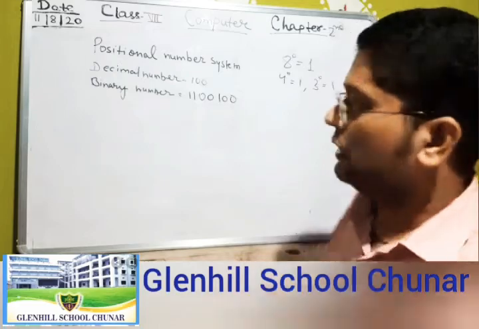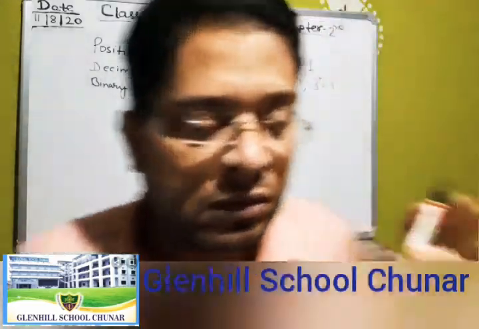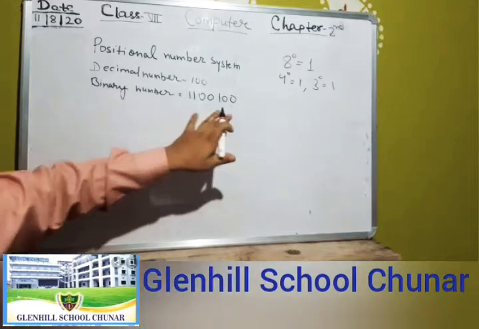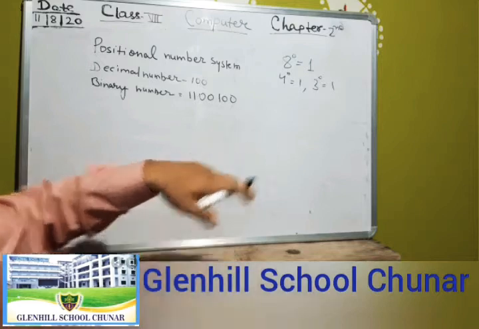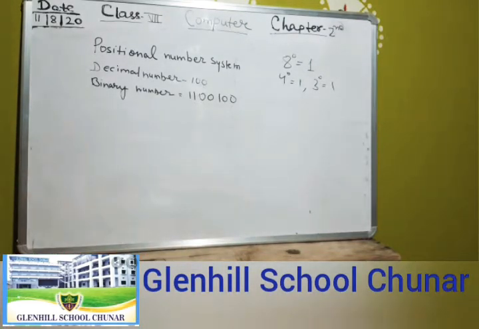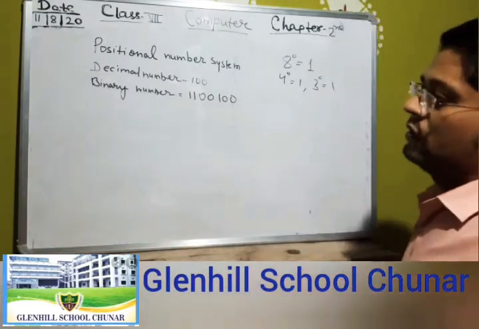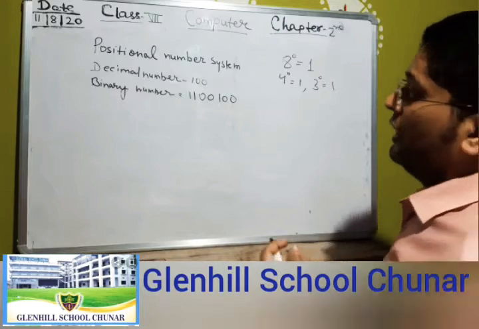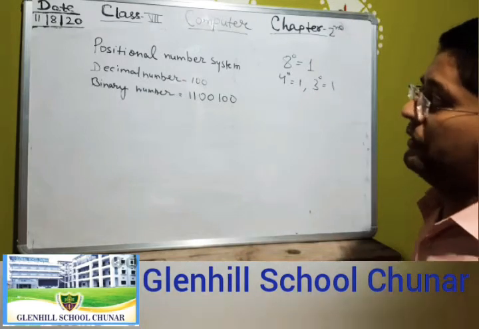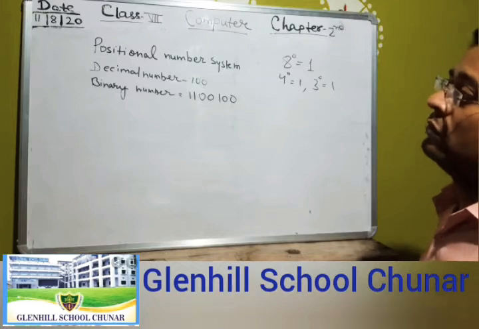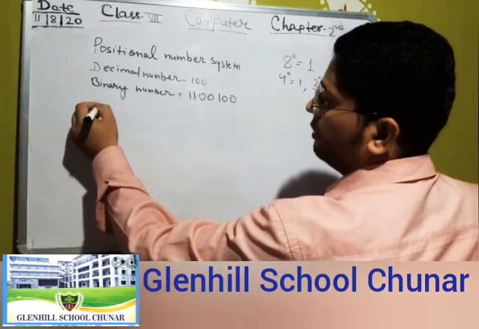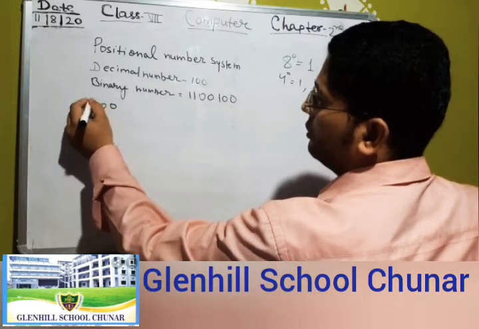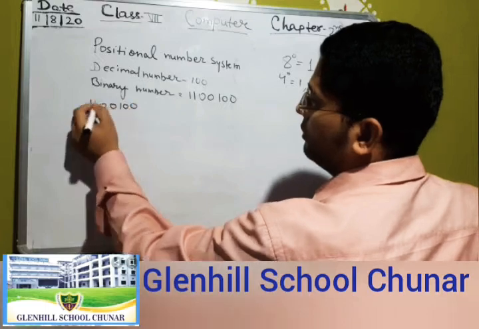Yes, clear? So that's your new binary number 1 1 0 0 1 0 0. Okay, students, let's try how we convert it to a decimal number and check what the value of this binary number is.